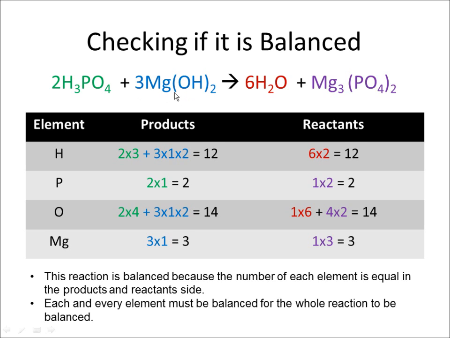And there are 3 of them, so that's 3 times 1 for the H times 2. That's 6. So 6 plus 6 is 12. On the product side, for hydrogen, water is the only molecule that has it. So if I look at water, 2 H's per each water. There are 6 of them. 2 times 6, 12. So the H's are balanced. There's 12 in the reactants, 12 in the products.